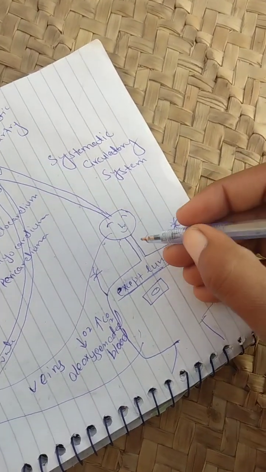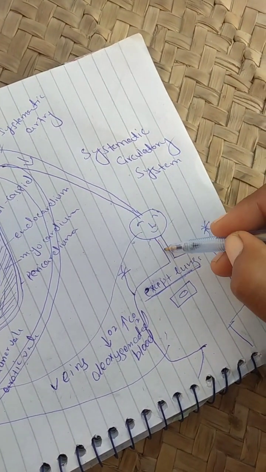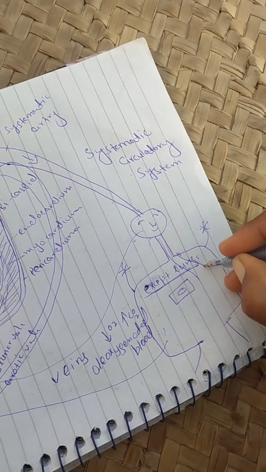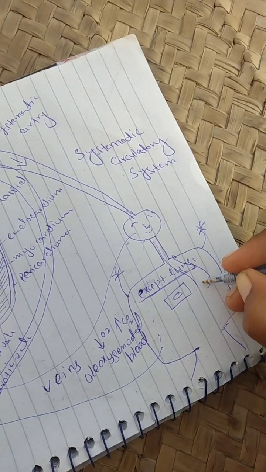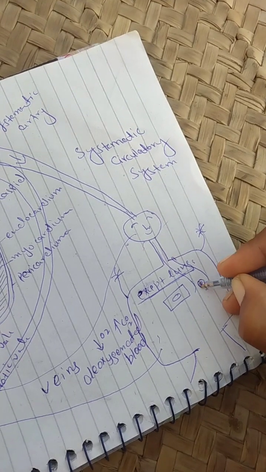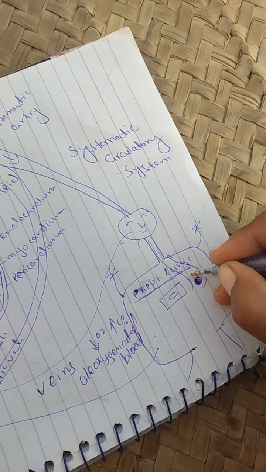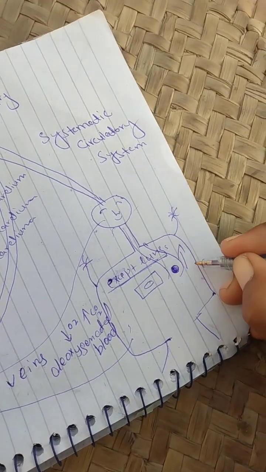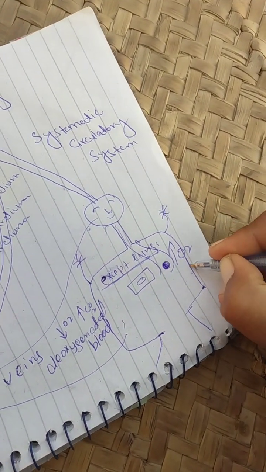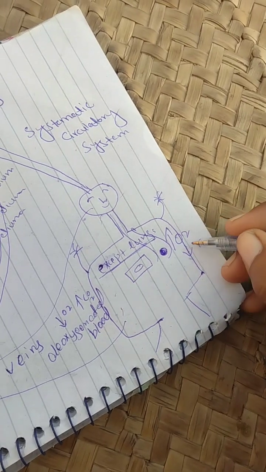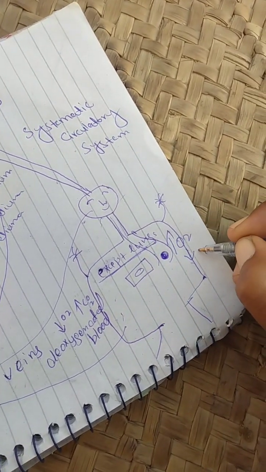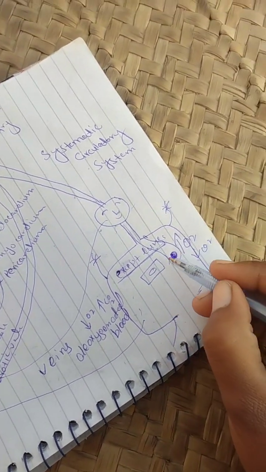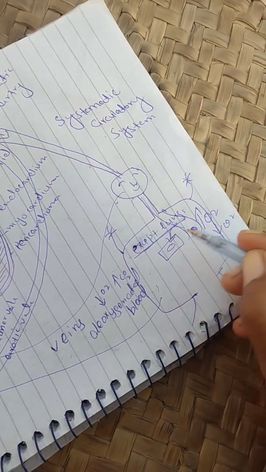That's why these arteries carry oxygenated blood. This blood is now oxygenated: oxygen concentration is high and carbon dioxide is low in the blood. Oxygen moves from higher concentration to lower concentration.